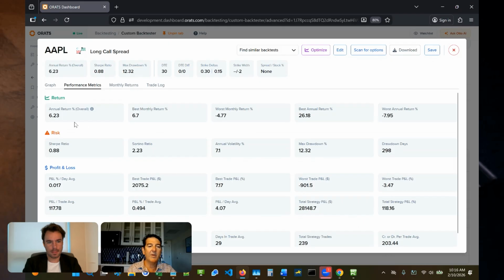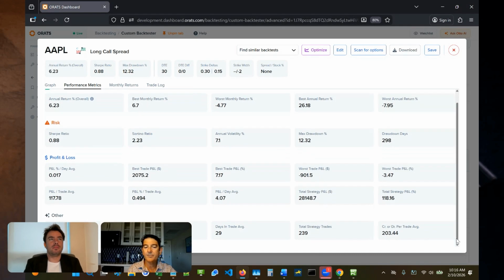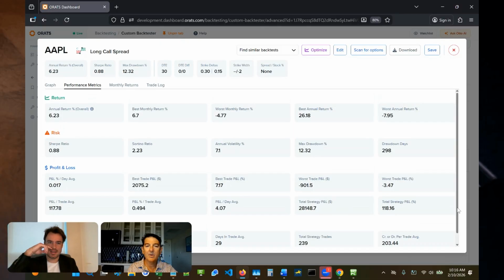in different ways too. So the annual return is displayed, and the rest of the data is here as well, Tyler. Yeah, I think you were looking for the margin return there, but if it's an advanced custom backtest and you set it to notional, it's only going to show you the notional there.